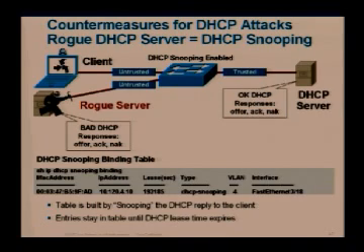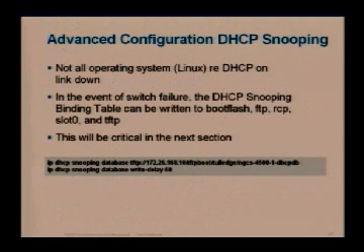When the client sends discovery, when the server sends offer, the binding table says, okay, this guy assigned this, all this information is indicated in the DHCP binding table. Okay? And we'll be using this binding table for many other security features on the switch that we'll see in the next few slides. It's a very important table.